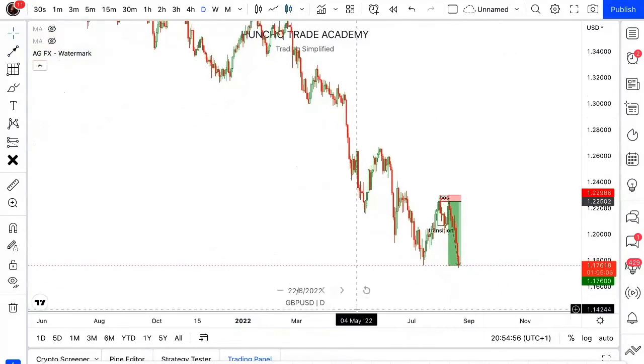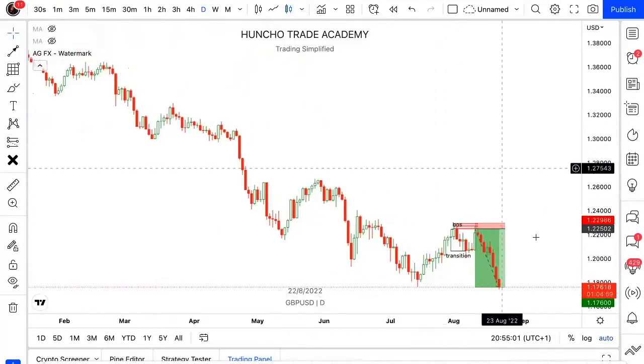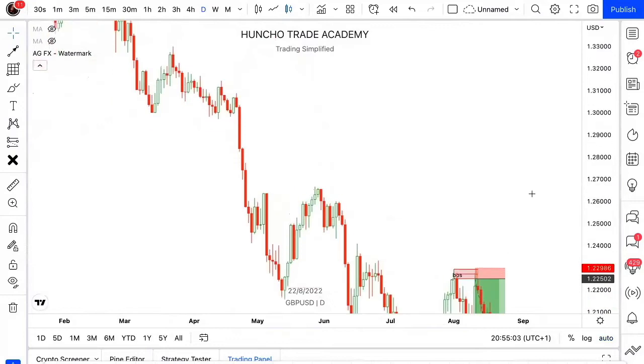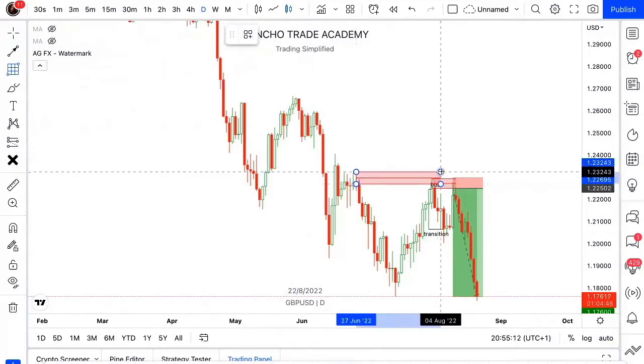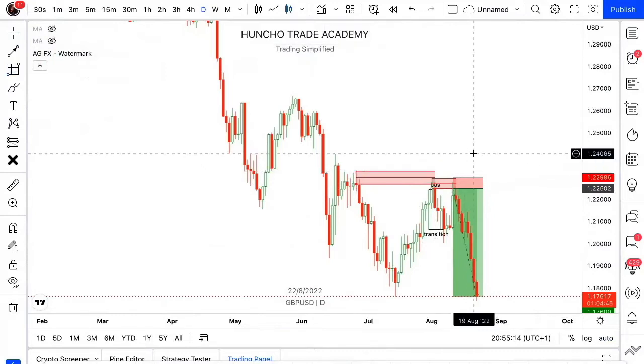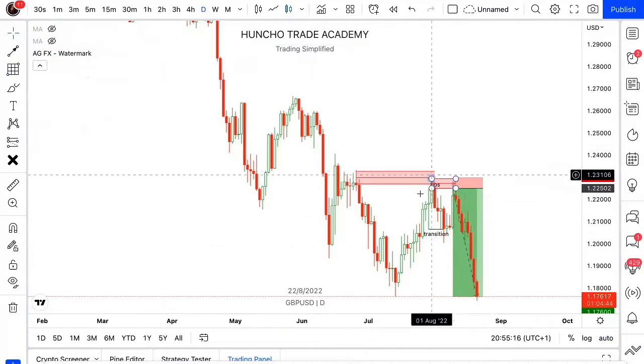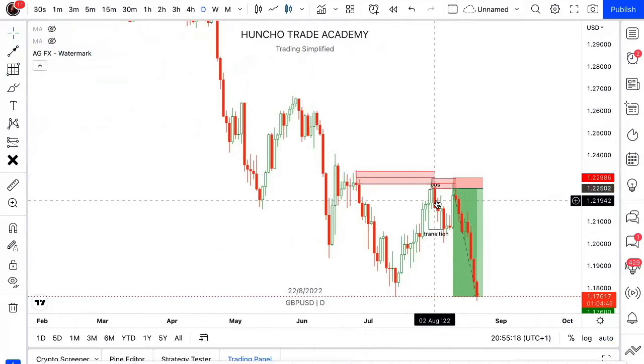The daily time frame is bearish as well, and price rejected this order block here. I didn't get my entry from here, but I used the refinement method, so I entered the trade with refinement.